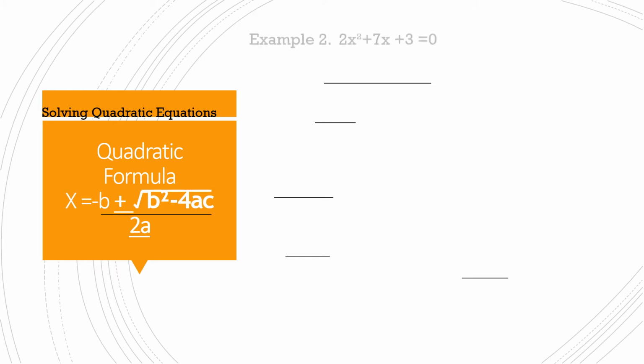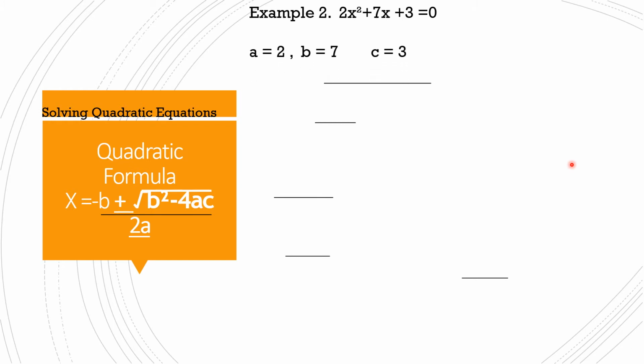Let's have another example. We have here 2x squared plus 7x plus 3 is equal to 0. Again, it's already in standard form, so we can now get the value of a, b, and c. And substitute those values. So what we have now is negative 7 plus minus square root of 7 squared minus 4 times 2 times 3 divided by 2a, which is 2 times 2.